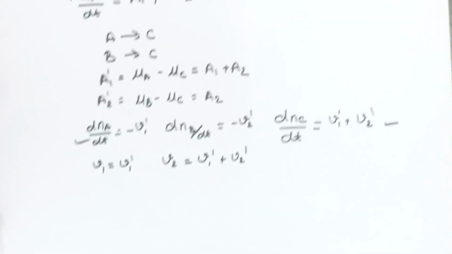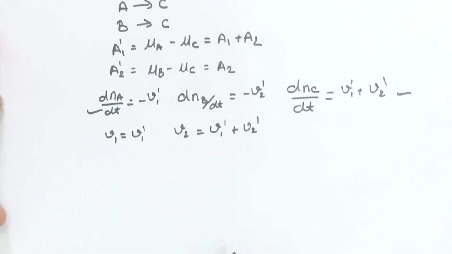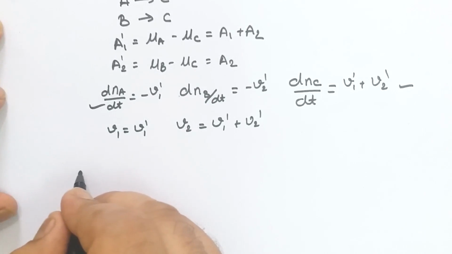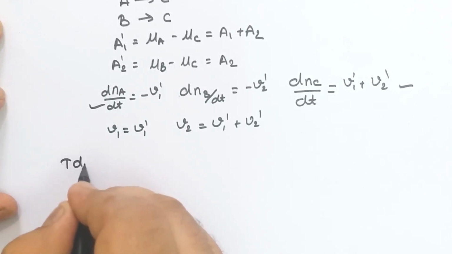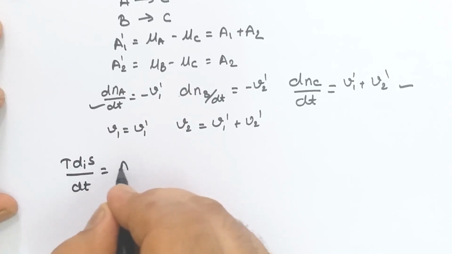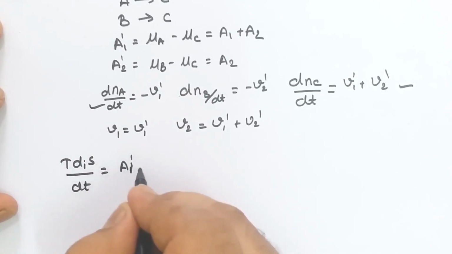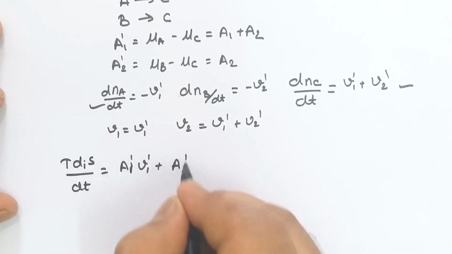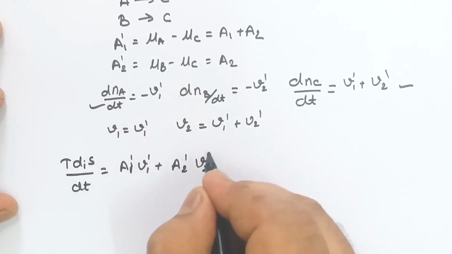Now similarly the entropy production for this particular reaction, that is T dS upon dt, we can write as A1 prime nu1 prime plus A2 prime nu2 prime.